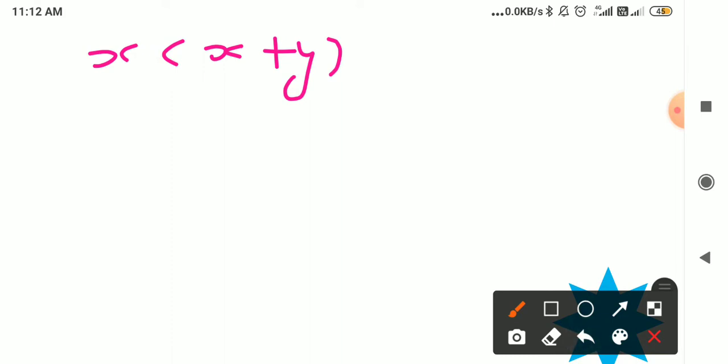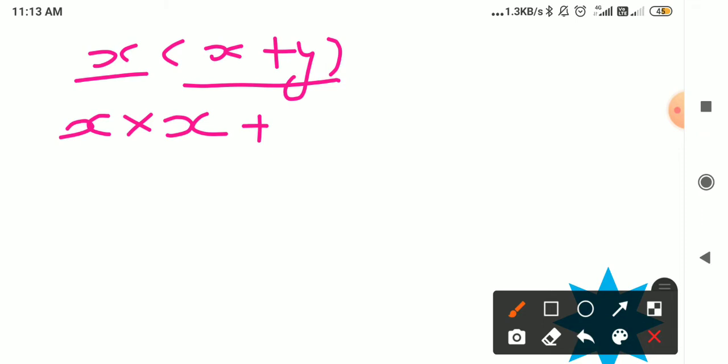First of all, x is the monomial and x plus y is a binomial. So first we will do the multiplication of this x with the x from the binomial. So here we will do x into x. Here it is a plus sign, you also give a plus sign here, and then x into y.